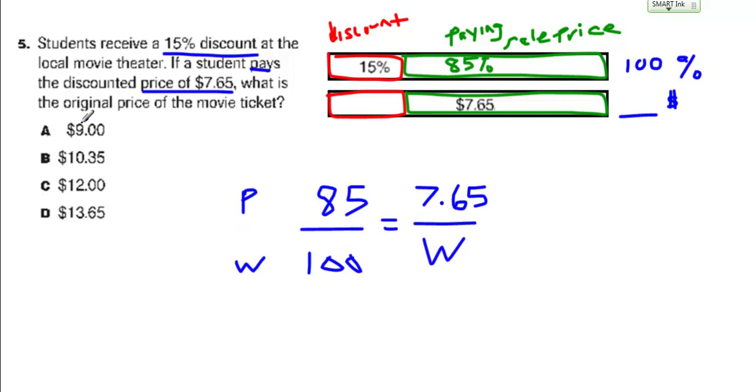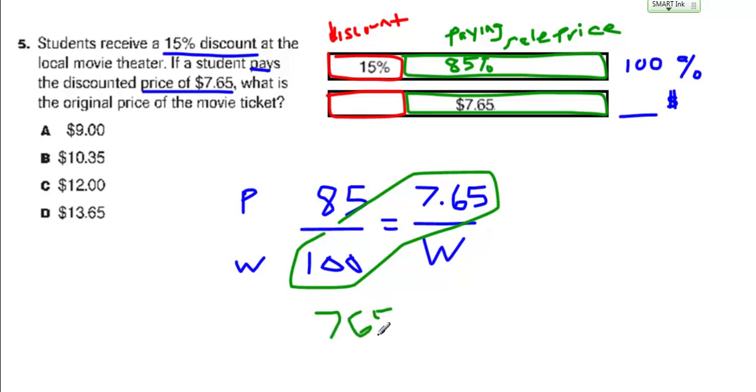If you're good at just understanding how cross products should be equivalent when you choose the correct solution, one option is to just take each choice, like choice A for example, let's say you think it's that, put it in the place of W, find what 85 times 9 would be, and see if it's the same thing you get when you multiply 100 times 7.65, which by the way, it's the same as moving the decimal over 2 to the right. That's mental math. That equals 765.